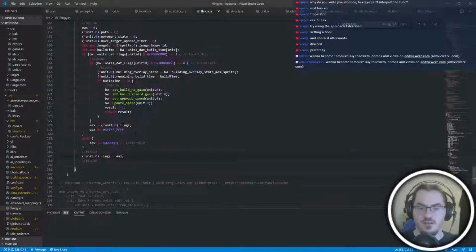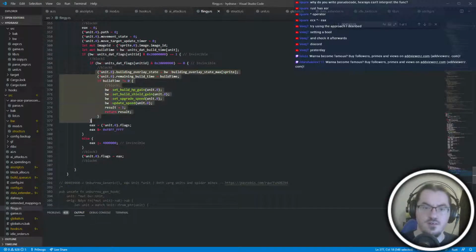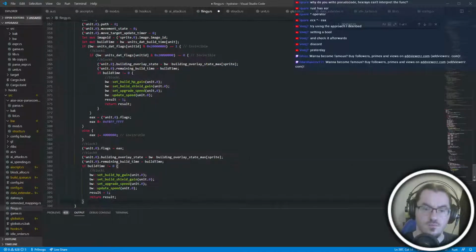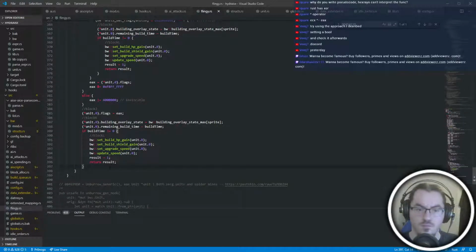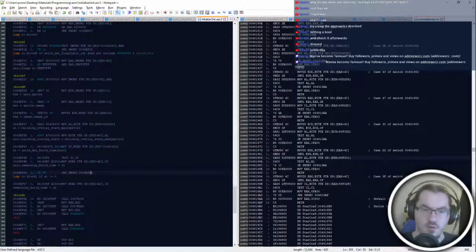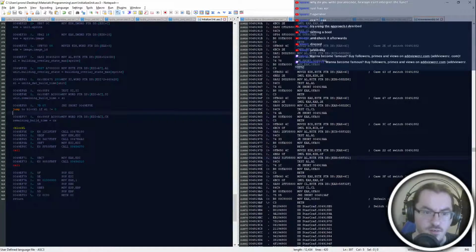All right, so now we know that block K is the same thing here. Oh wait, wasn't there something that happened if it was equal to 0?